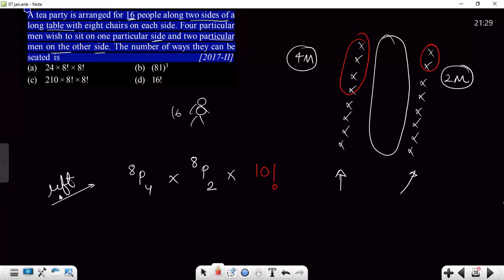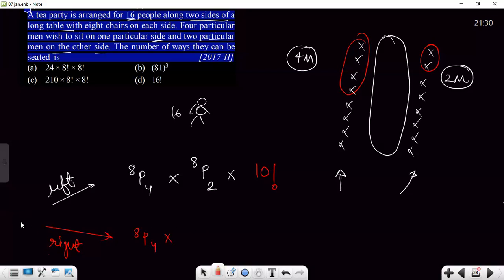Now this is about when those 4 people decided to sit on the left side of the table. What if they choose to sit on the right side? Then similarly, they'll have 8 vacant chairs to choose from and arrange themselves, and those 2 persons will now go to the left hand side.